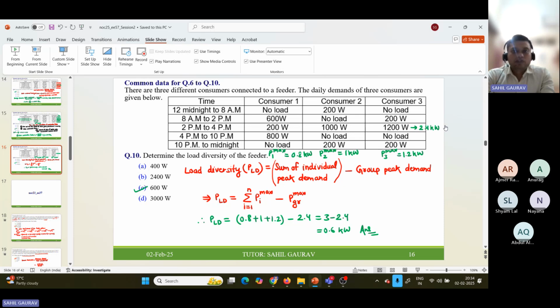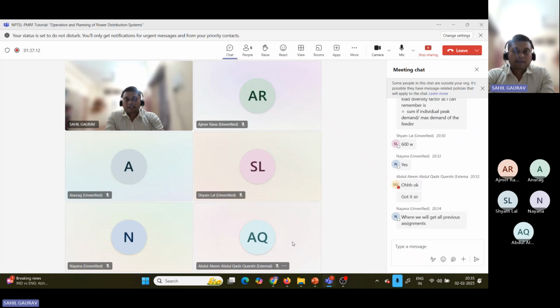So you can quickly go through it, and if you have a doubt, you can ask me. It is a similar type of problem to what we have solved till now. And at the end, I will give you an idea about utilization factor and plant capacity factor.